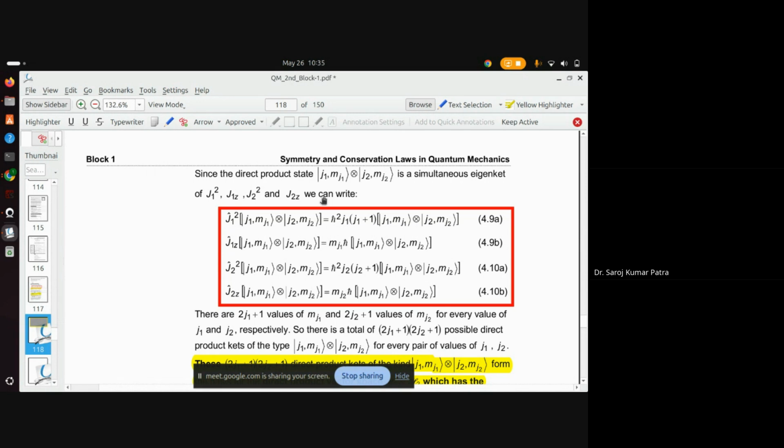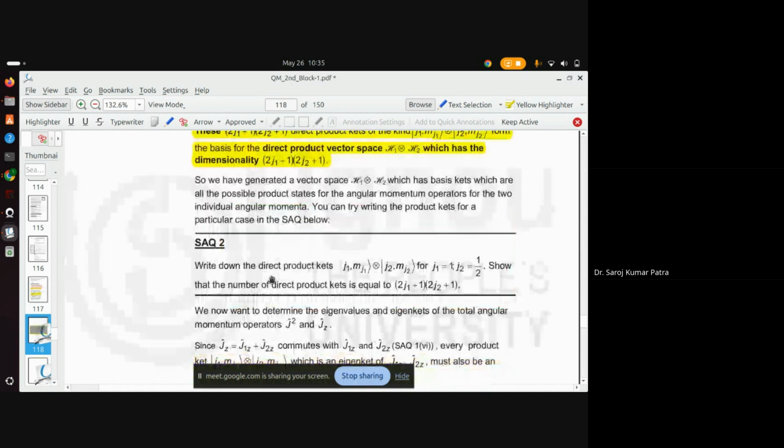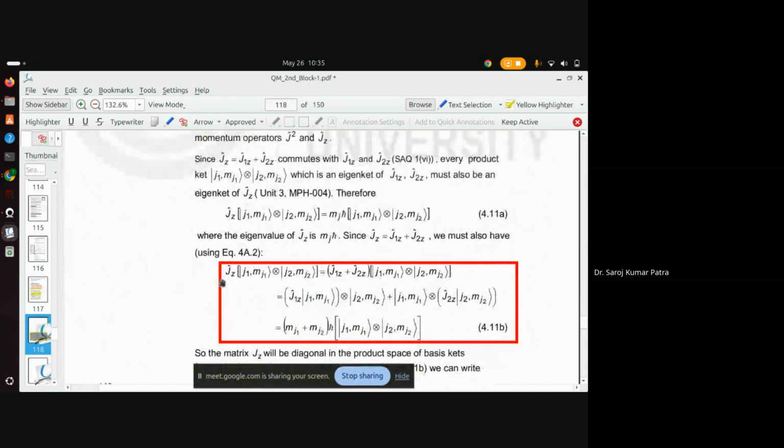बट देन यहाँ पे जैसे मैंने बोला कि जैसे हम jz ऑपरेटर ऑपरेट कर रहे हैं तो टोटल आइगन स्टेट के ऊपर, ये है टोटल आइगन स्टेट. पार्टिकल 1 और पार्टिकल 2 को मिला के जो सिस्टम बना है उसका आइगन स्टेट बना है.